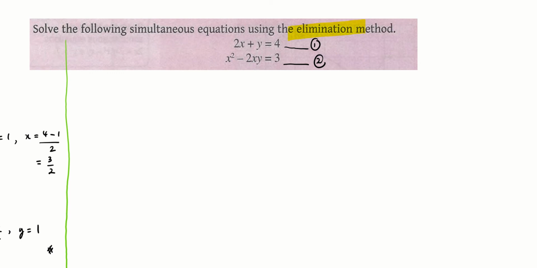So what does it mean by elimination? Penghapusan. You have to find the same coefficient so that you can eliminate. When I look here, I have x and this is x squared. I have y and this is 2xy. I can multiply this equation with x so that I can get x squared and eliminate with this.